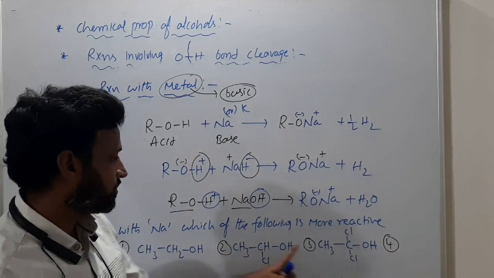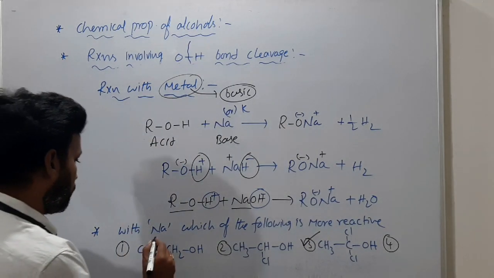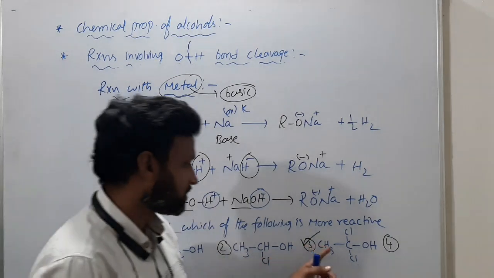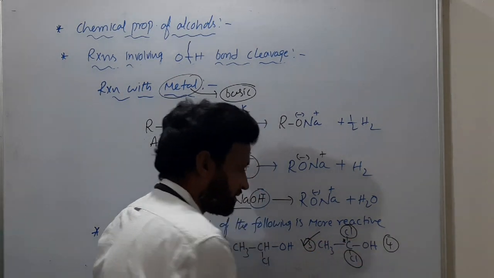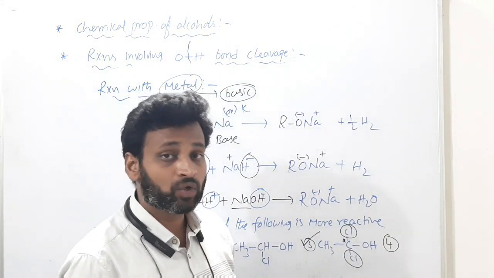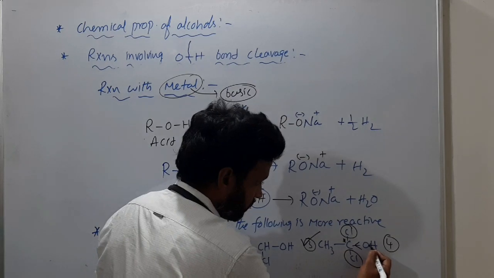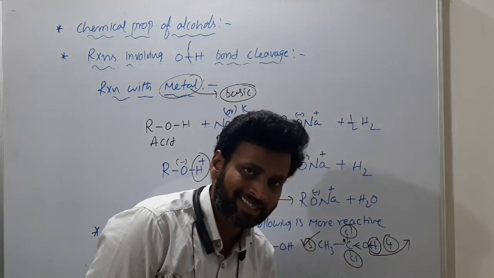Among these, who is more reactive means who is more reactive to react with sodium. With sodium, who reacts fast? This one, because this substrate carbon has more minus I groups. As minus I groups increase, I told you this bond can come towards here, so H plus can easily go.